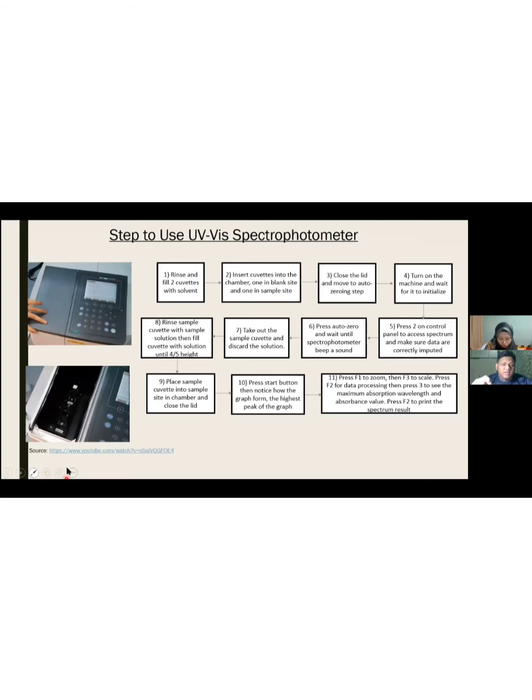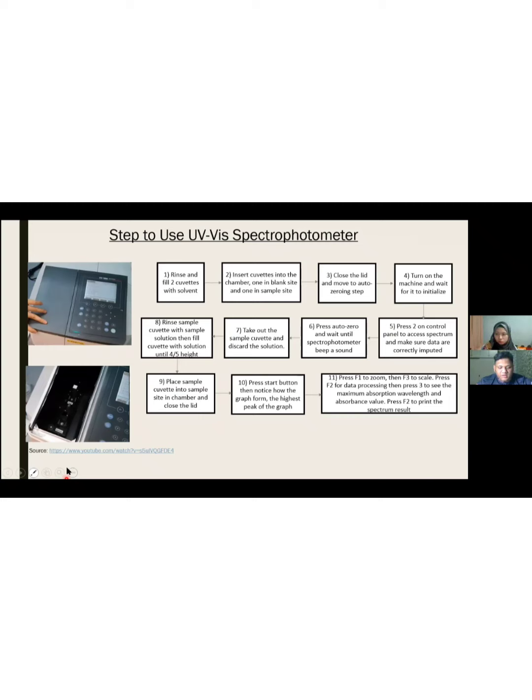Second, we need to insert the cuvettes in the chamber, one in the blank side and one in the sample side. When we put the cuvette in the chamber, we need to make sure the transparent sides are in the east-west direction. Then we close the lid and move to the auto zeroing step. Turn on the machine and wait for it to initialize.